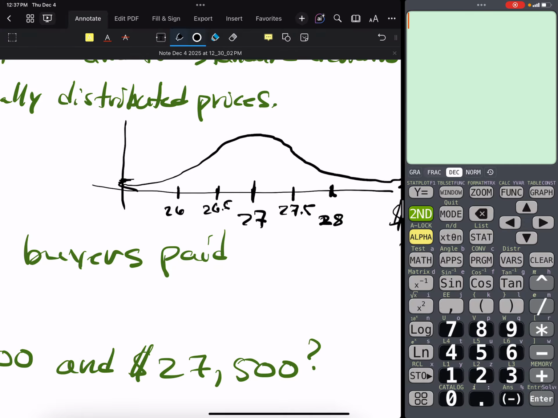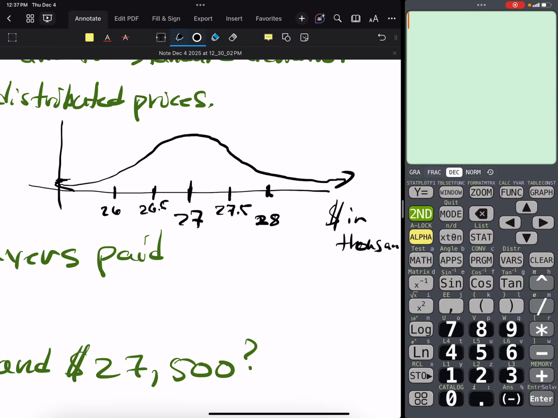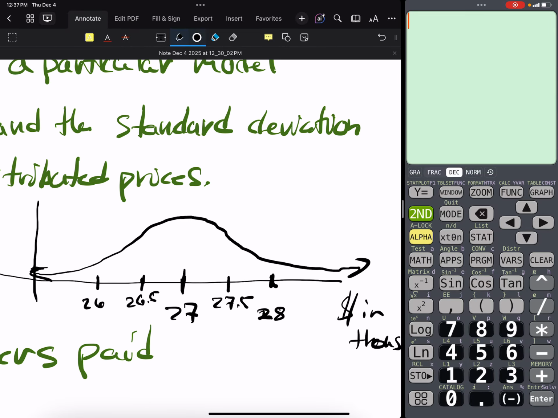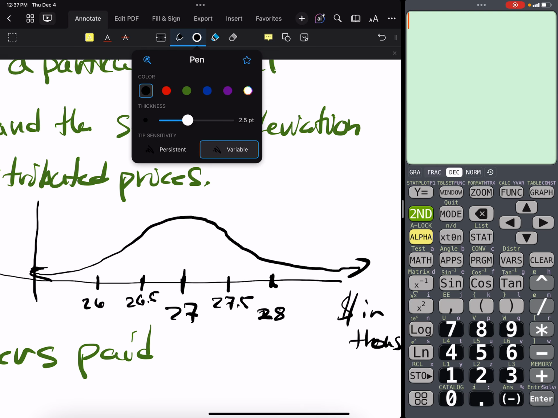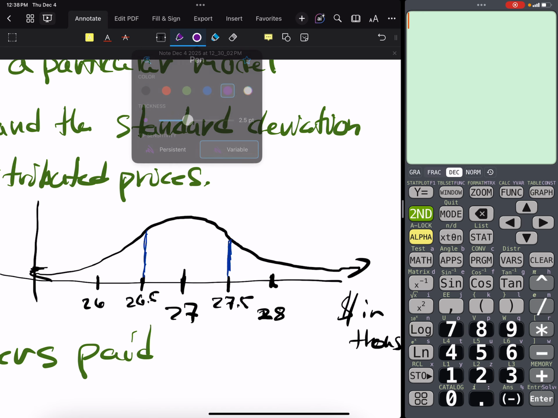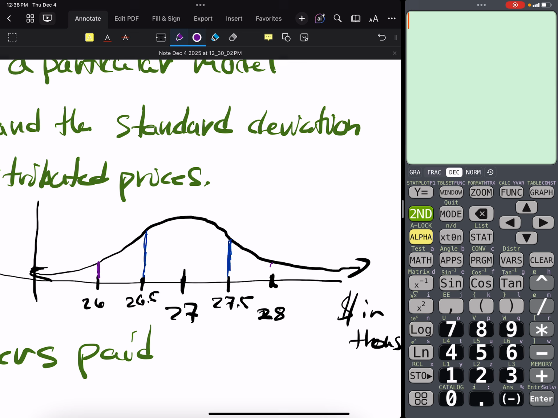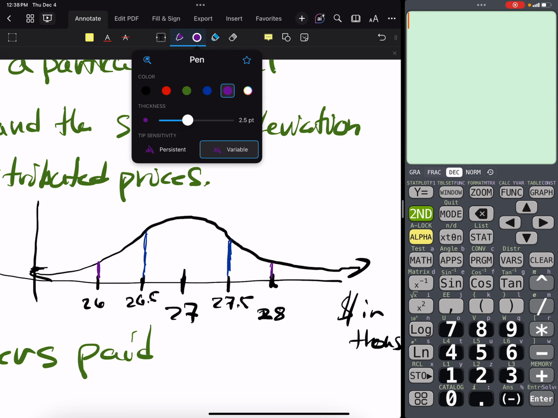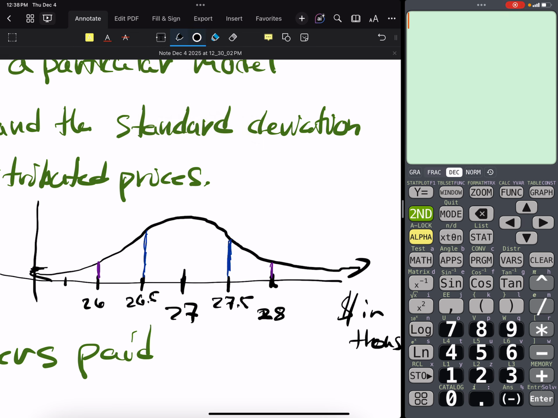And then 28,000. The reason is, remember we have this 68, 95, 99.7 rule. That refers to the percentage between plus or minus 1 standard deviation, plus or minus 2 standard deviations, and then if I go even further out, plus or minus 3 standard deviations.